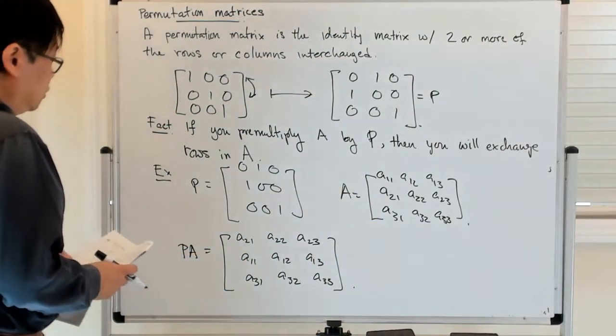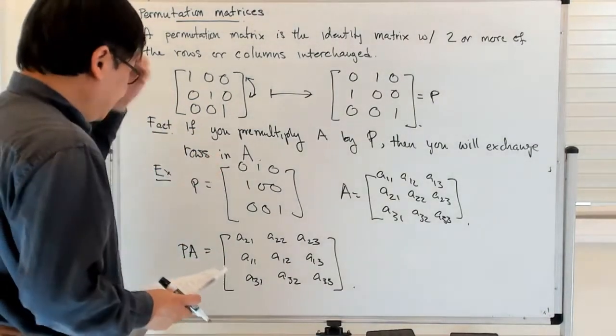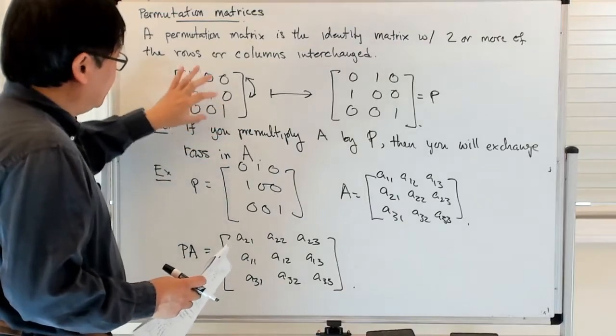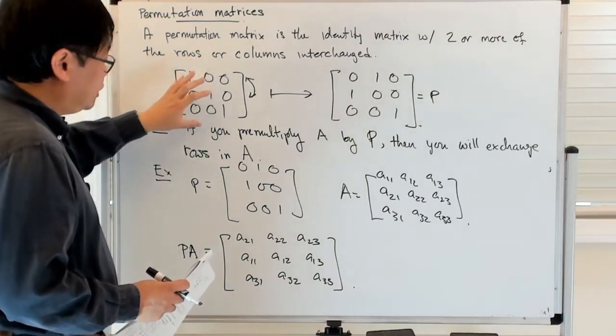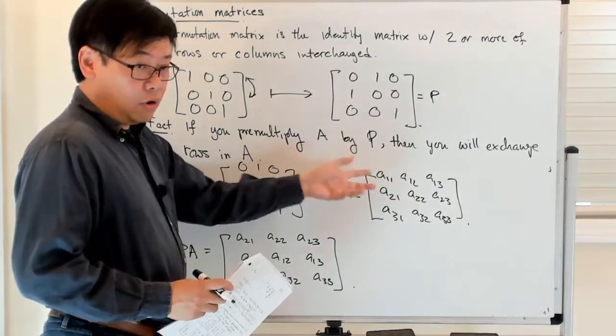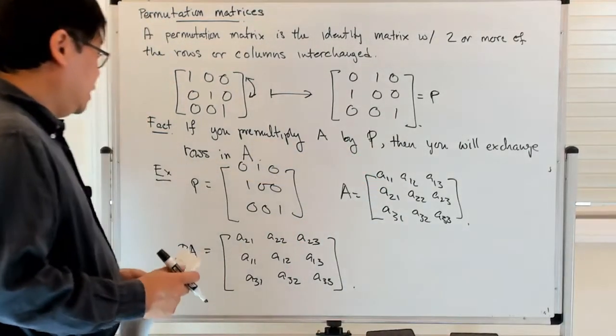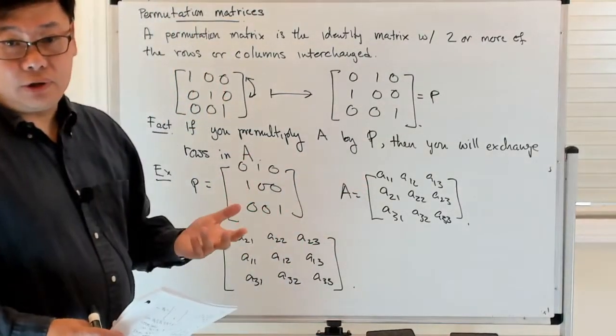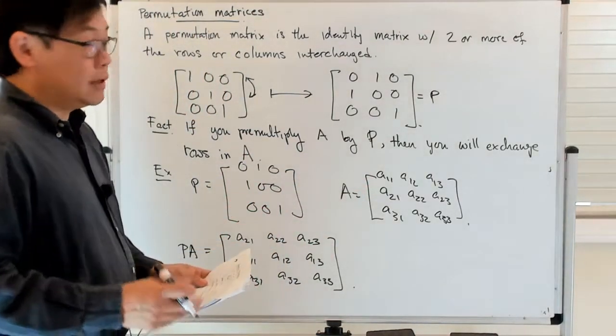So that's a big part of the picture now: you have these permutation matrices which have the net effect of interchanging rows of a coefficient matrix, and that's of course what you want to do in partial pivoting.